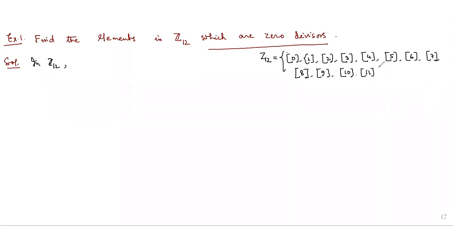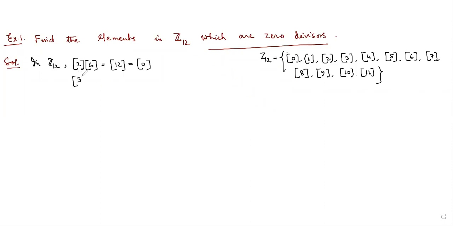Now look at these elements one after another. If I consider the elements 2 and 6, this will give you the element 12, which is nothing but equal to the class 0.